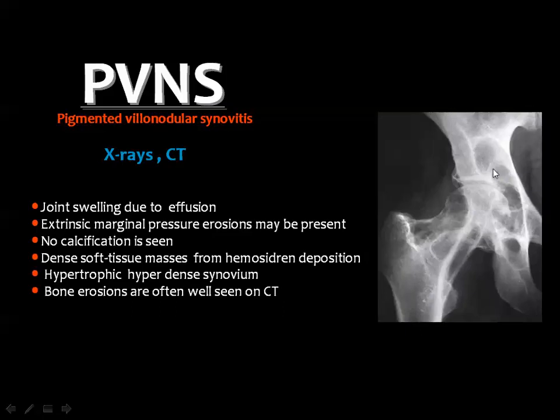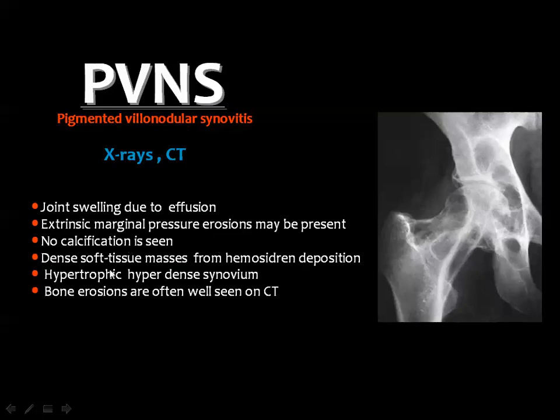If you see lesions on either side of the articular surface, then you know that this is an articular disease, not a bone disease. The lesions do not contain calcium, and this is very important in the differential diagnosis.